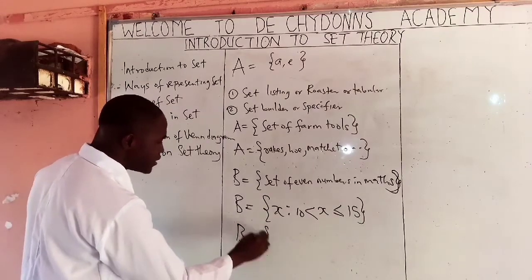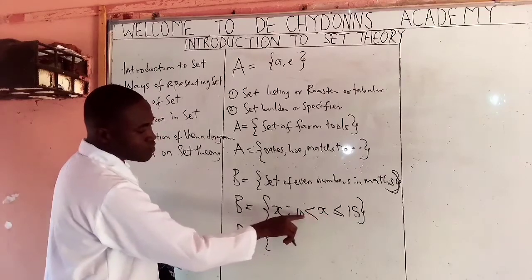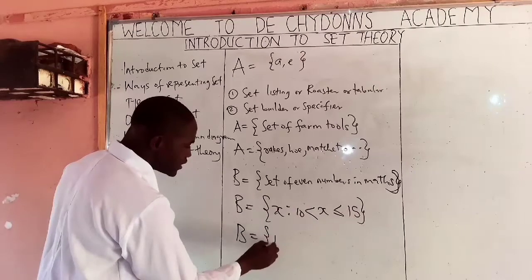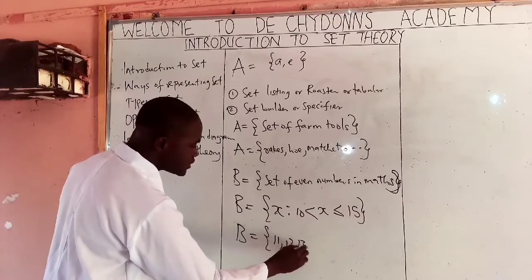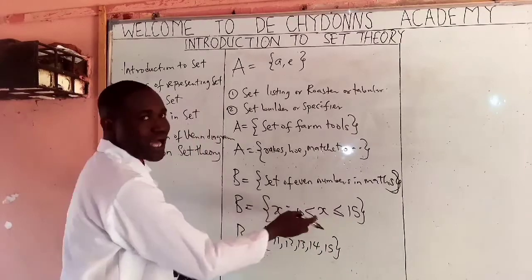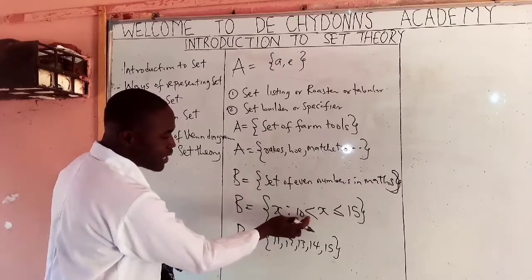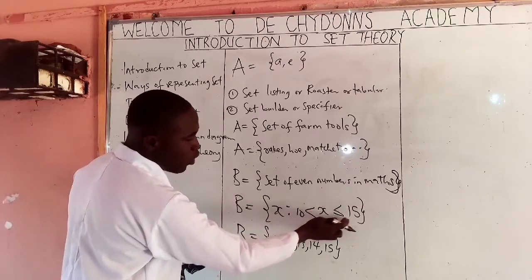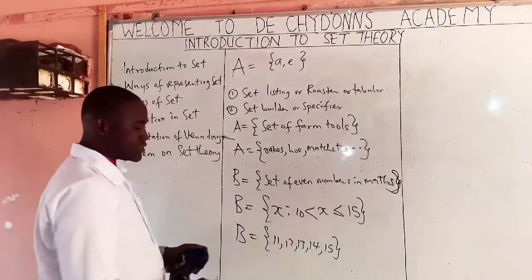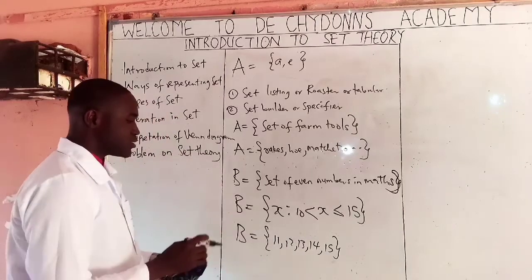But when you write out the elements, this means s greater than 10 and less than or equal to 15, that is 11, 12, 13, 14, 15. So when you have two less-than signs, one will be greater than, one will be less than. So these are ways of representing a set.